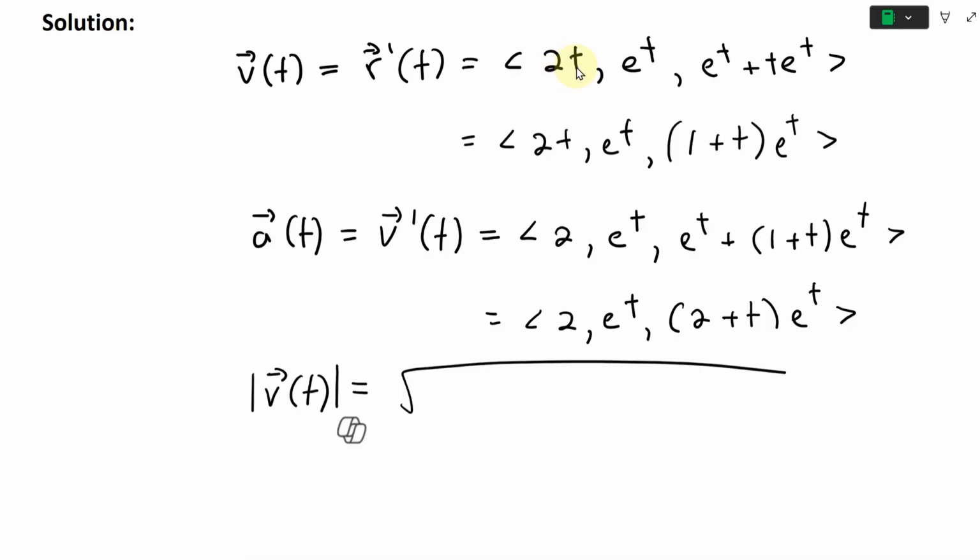Now 2t squared is just going to be 4t squared, and now e to the t squared is going to be plus e to the 2t, and I'll write this a bit bigger, 4t squared, and then plus the last one, 1 plus t squared, then e to the 2t, so that gets squared as well, e to the 2t, like that. Alright.